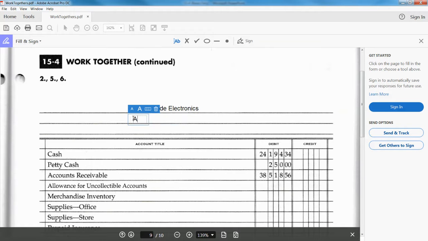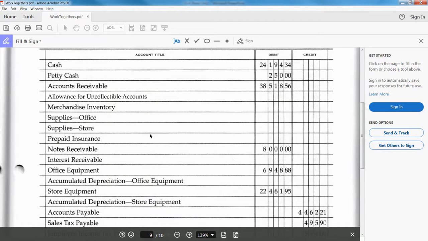The what is our adjusted trial balance. And the when is December 31st, 2020.